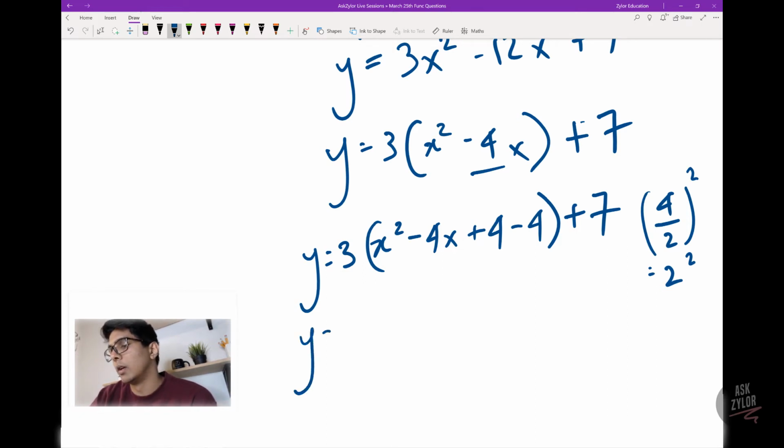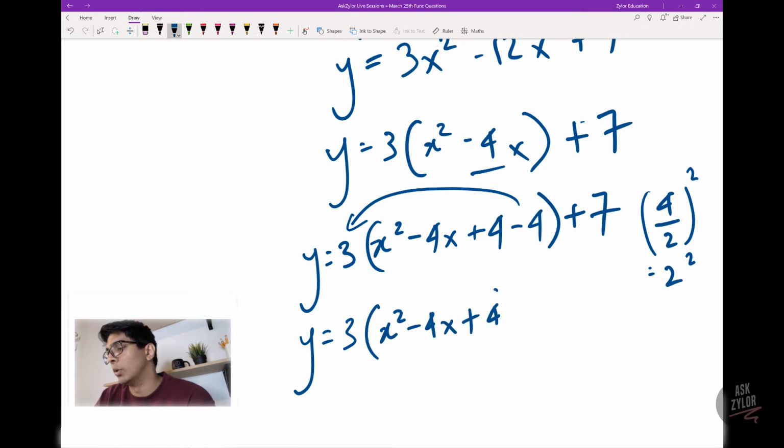So I'm going to simplify that. I'm going to get rid of the negative 4 outside. Negative 4 times 3, I have negative 12. So x squared minus 4x plus 4, then negative 12 plus 7.